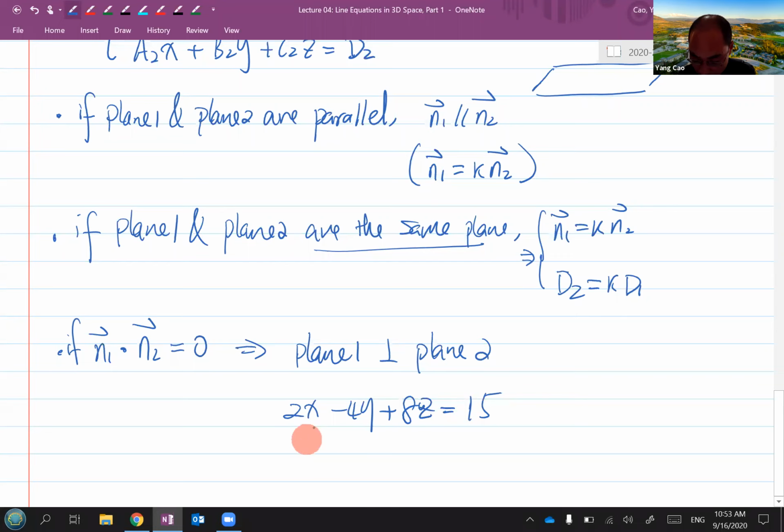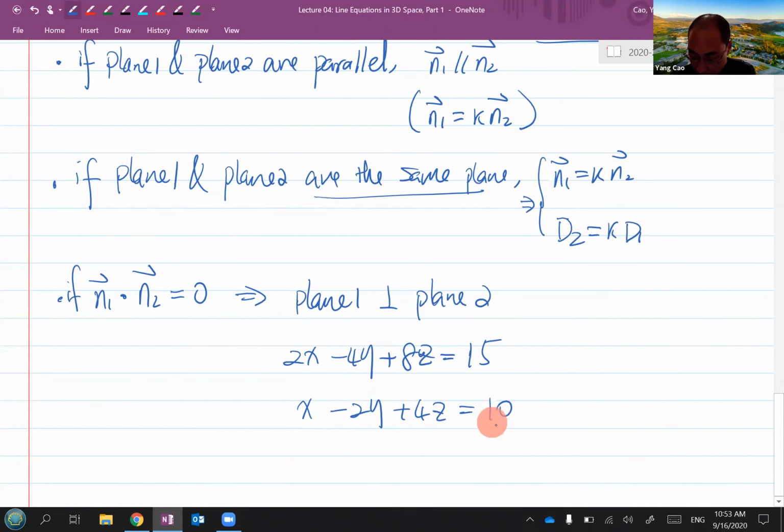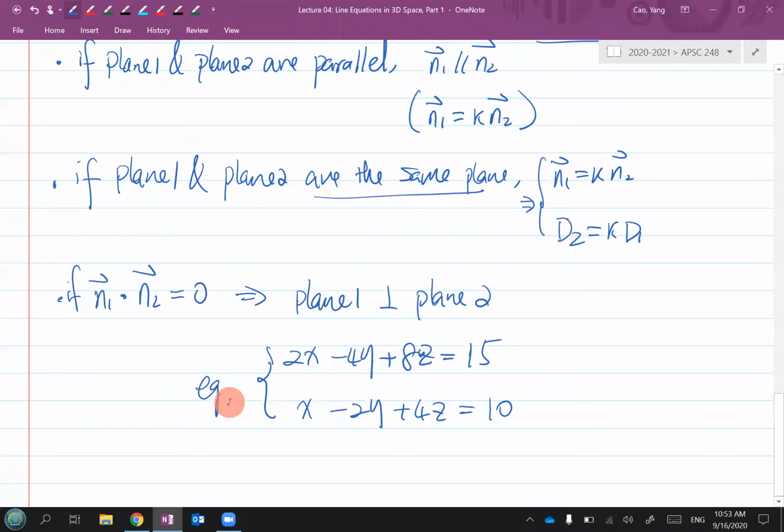And then you could have another equation, for example, x minus 2y plus 4z equal to, let's say, 10. So I have two planes here. Based on what I just taught, what is the relationship between these two planes?